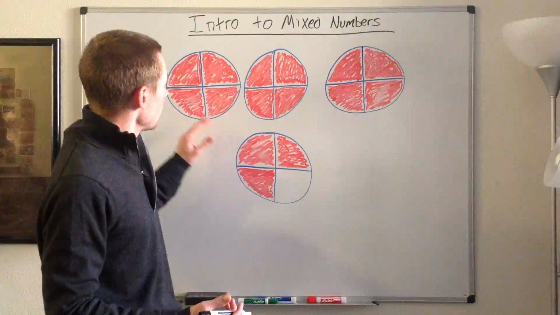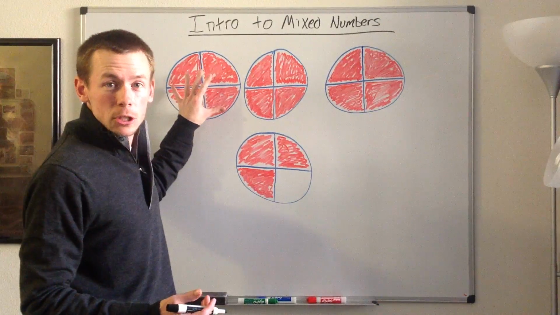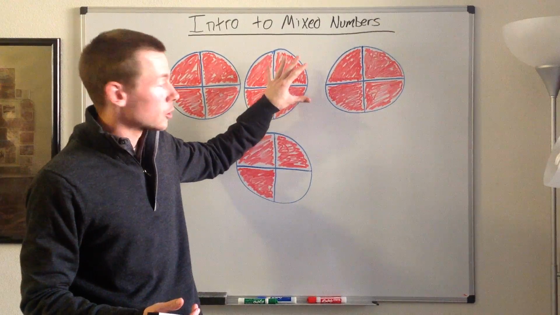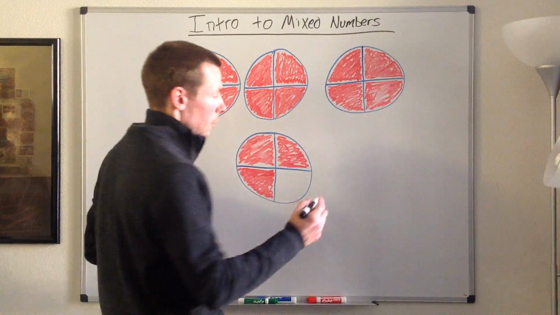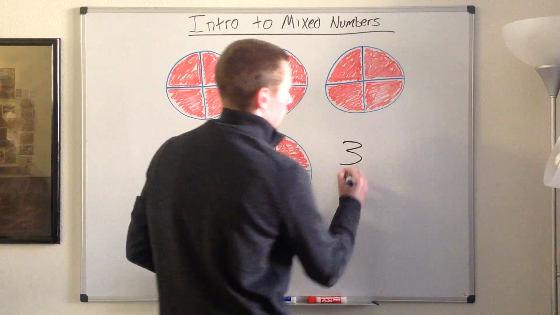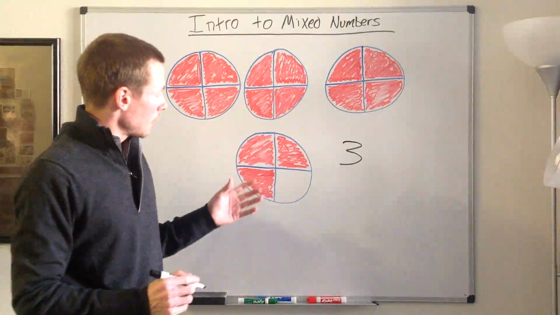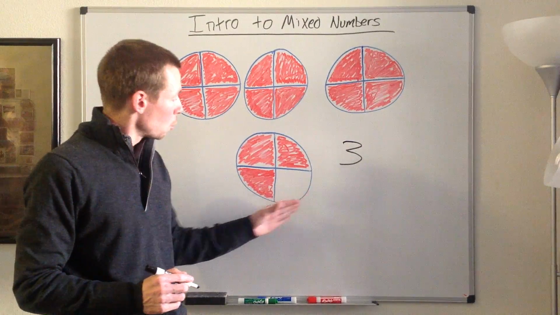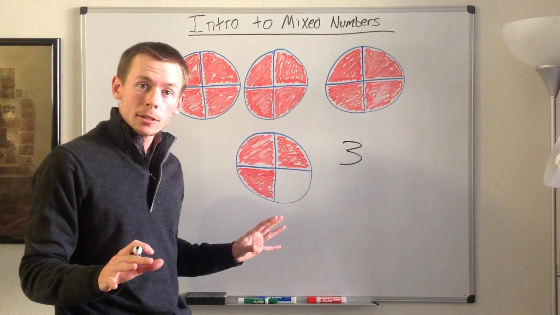We can say we have a complete circle here, a second complete circle, a third complete circle, for a total of 3. And then in this 4th circle, we don't have all 4 parts.